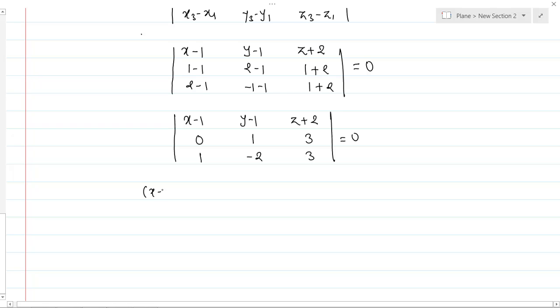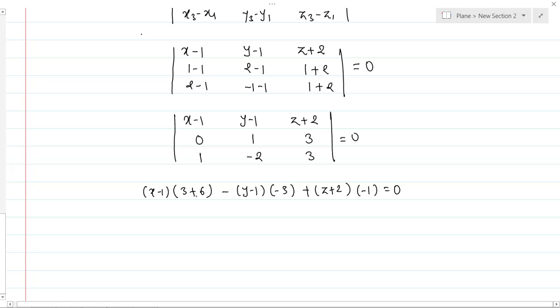So x minus 1 into (3 plus 3, that is 6), minus y minus 1 into (minus 3), plus z plus 2 into (minus 1), which equals 0.